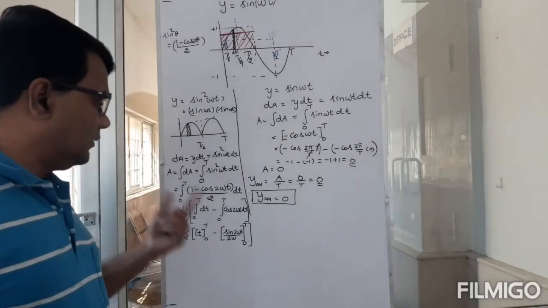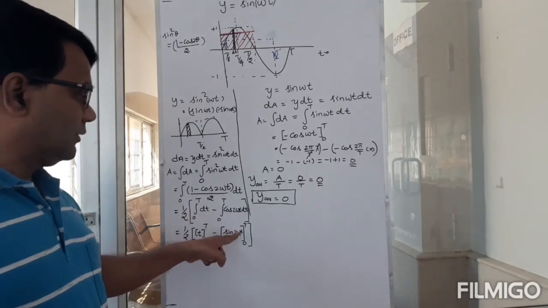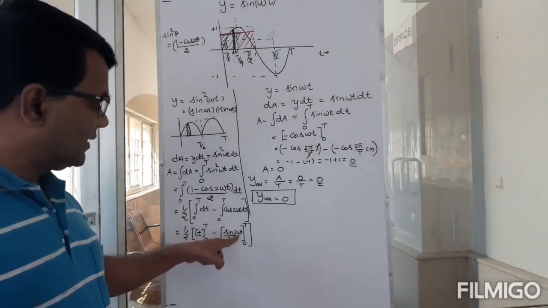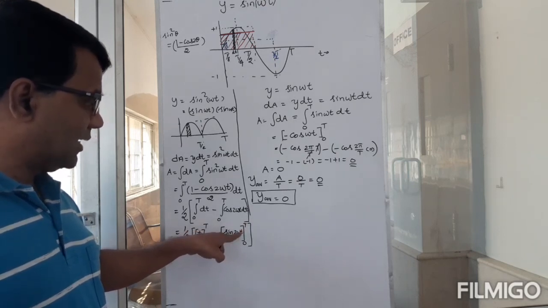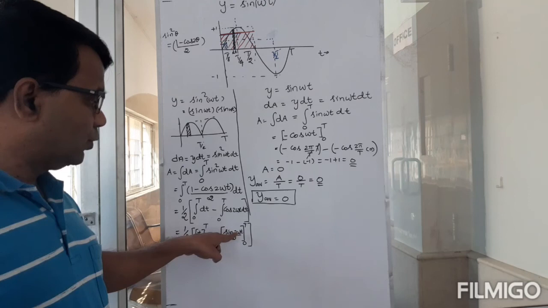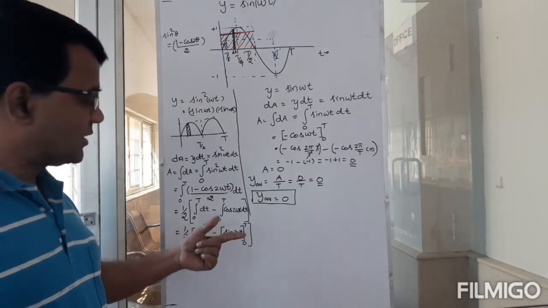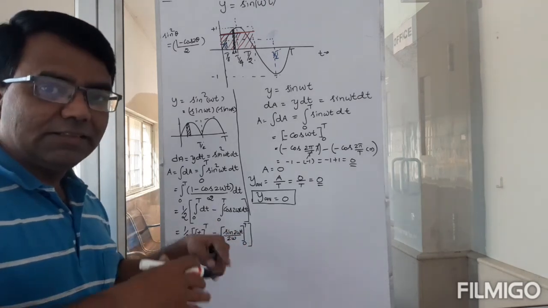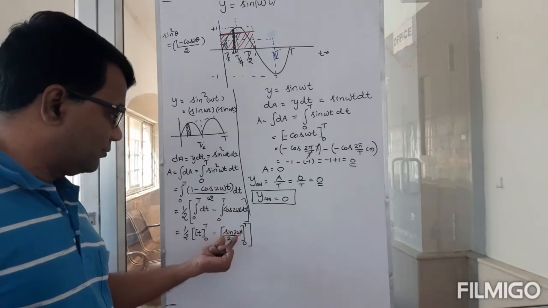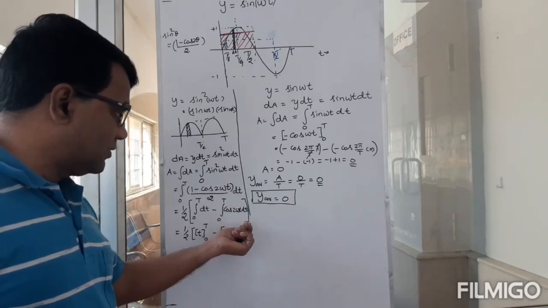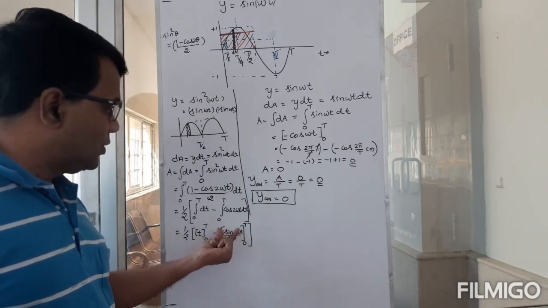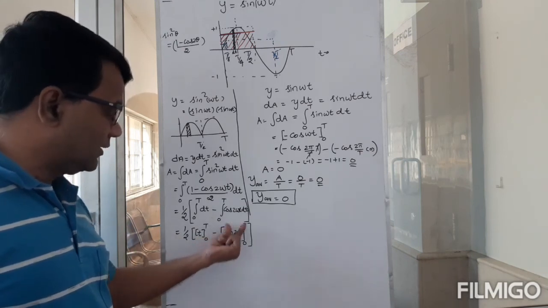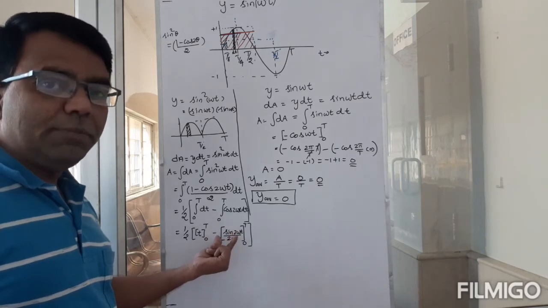Clearly, omega is equal to 2 pi by T, and if I multiply it by T, then the capital T will cancel, and I'll get 2 into 2 pi, which is 4 pi. So sine 4 pi will be 0. That value is 0. So this limit will be 0, and if I substitute 0 straight away, that also will be 0. So the value of this term will be 0.